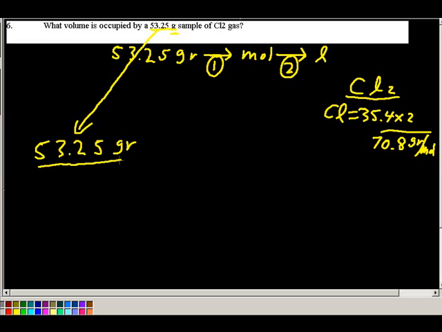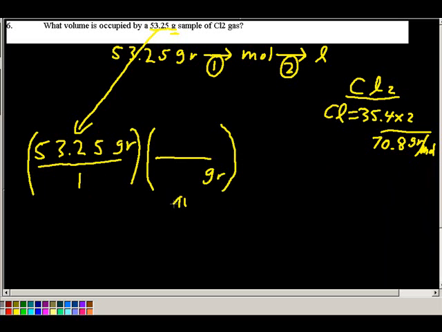Put it over 1. Now, since you have grams up here, you've got to get grams down here. And here you're going to use one of your unit ratios. So what we're doing is going from grams to a mole. That's our first step.